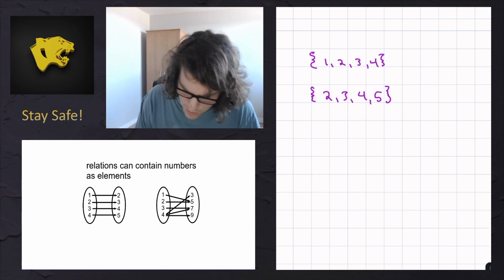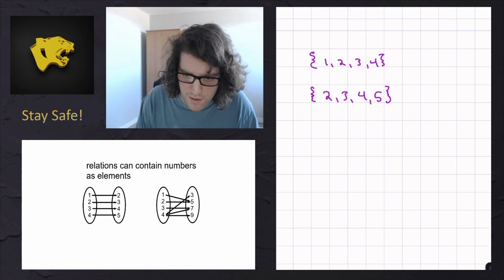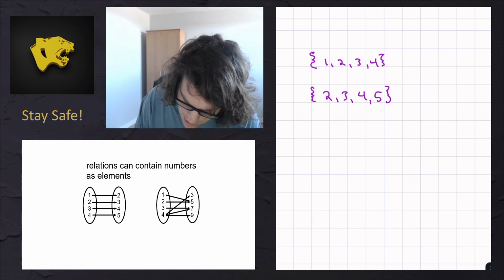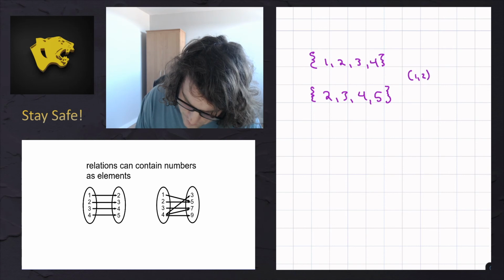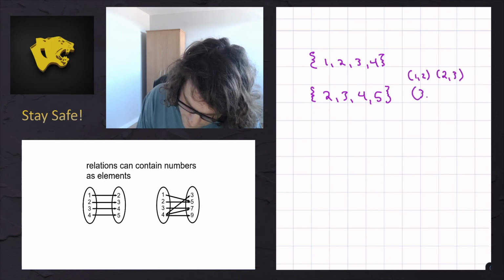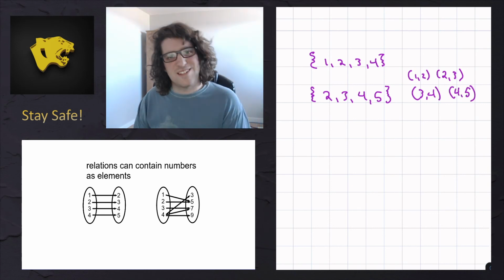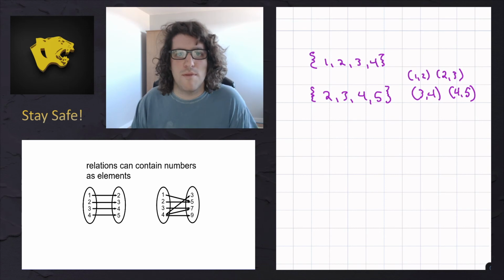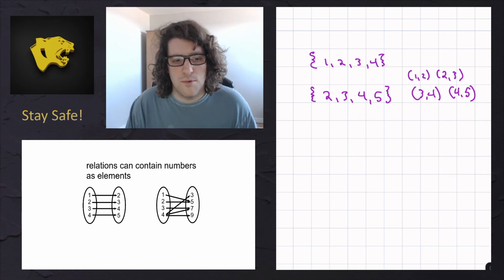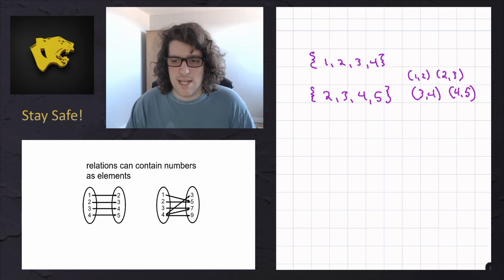So for the first one, which I already have both of these sets written down for, we would have the ordered pairs (1, 2), as well as (2, 3), (3, 4), and (4, 5). Now, one of the things I bumped into that I kind of made a problem of last semester was that I ordered everything for the first example or two.